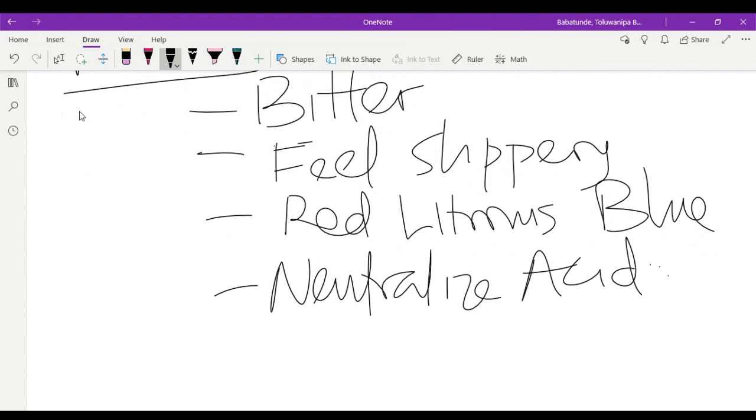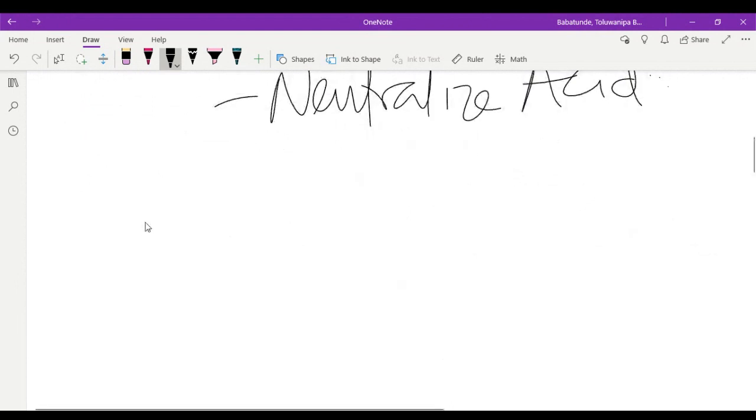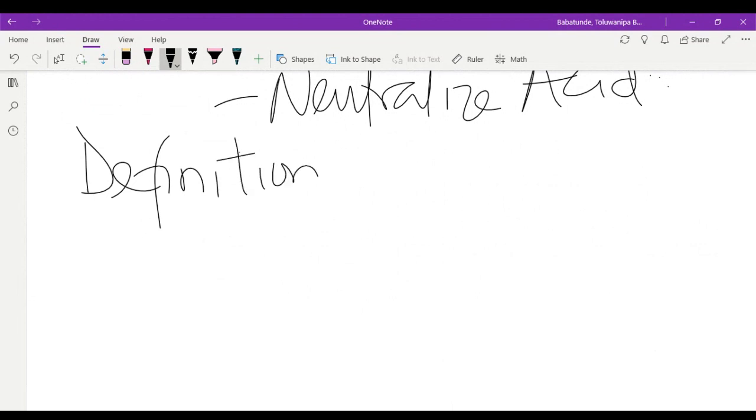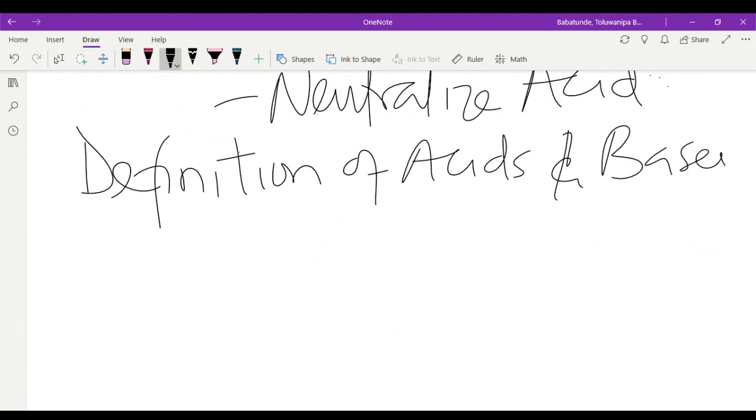So we want to look at the definition of acids and bases. Let's look at Arrhenius' definition.